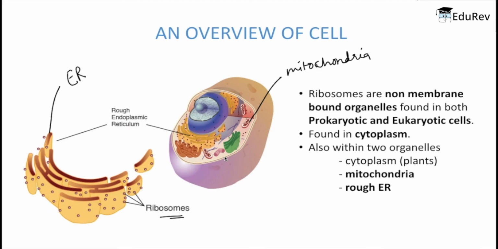For this reason only, this ER is called rough endoplasmic reticulum, because of the presence of ribosomes on it. And in the case of plants, you can find them suspended inside the cytoplasm.